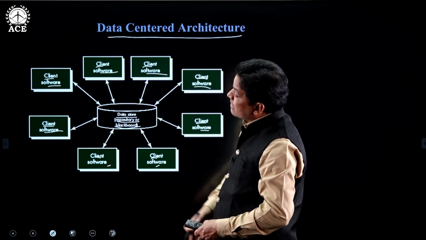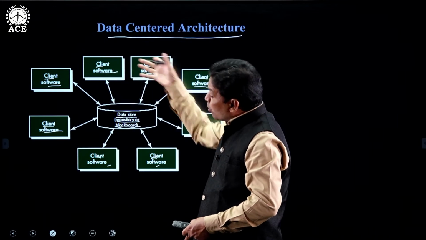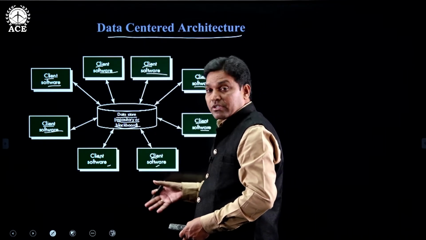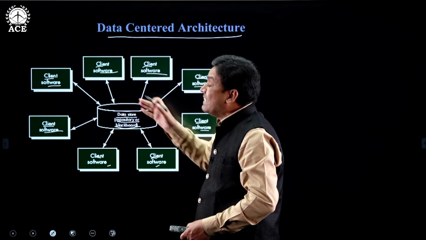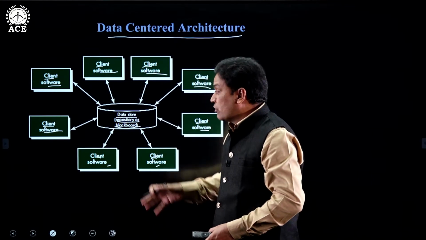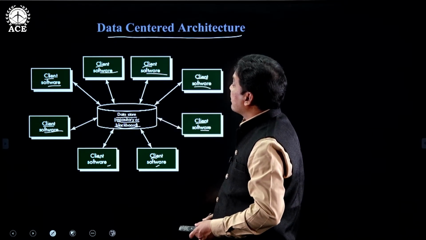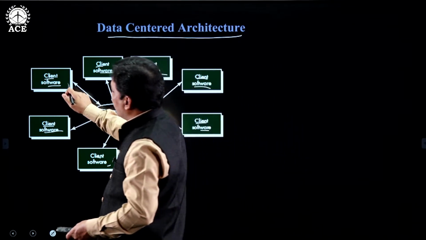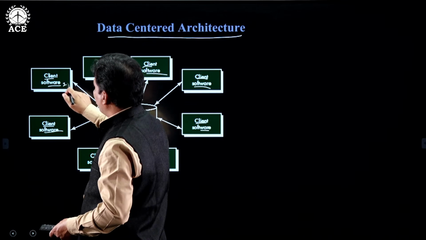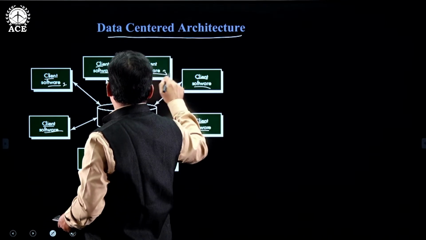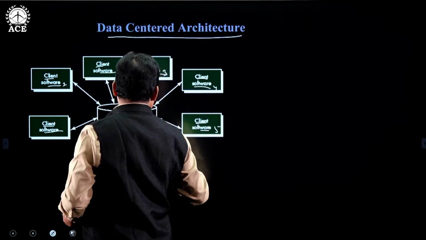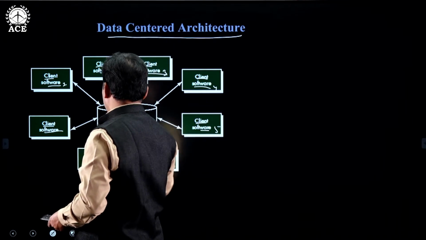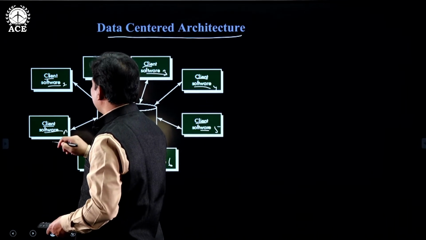Later, they can access their data or their module application, their component services, their application services, independently. So that is the importance of data-centered architecture. For example, let's take client 1, client 2, 3, 4, 5, 6, 7 and so on, up to the nth client.